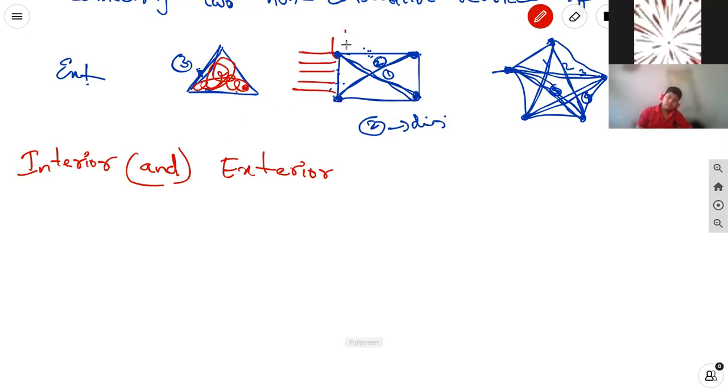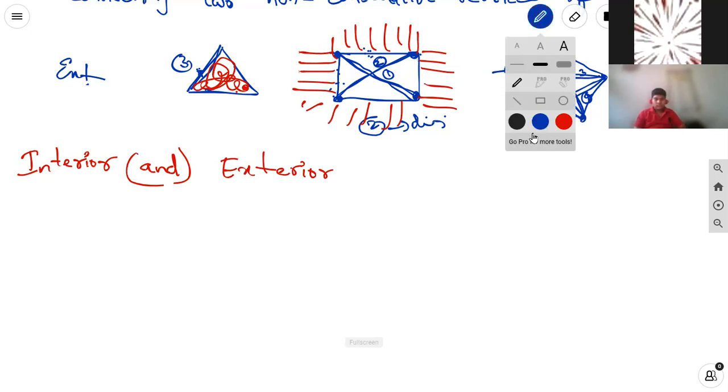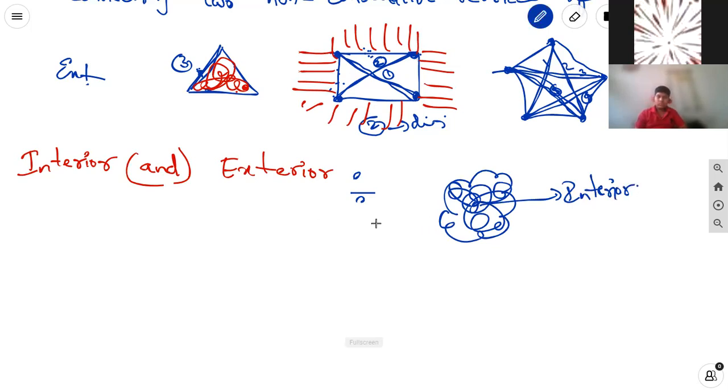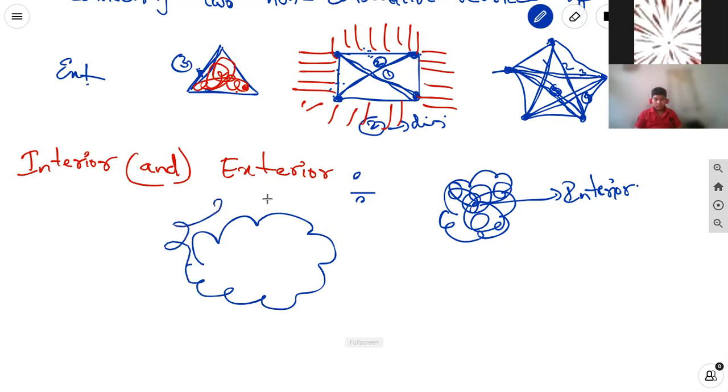Exterior means outside of the area is called the exterior area. This is the exterior area. So we can draw any figure. This is the interior area. Internal area or inside of any figure is the interior area. Exterior area means this is the exterior area.